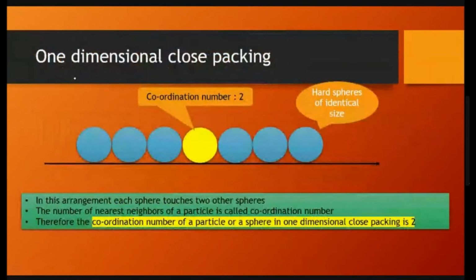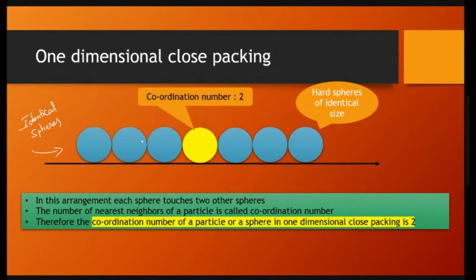Coming to the first type, one-dimensional close packing. Here the constituent particles are identical spheres. Imagine all are identical spheres.